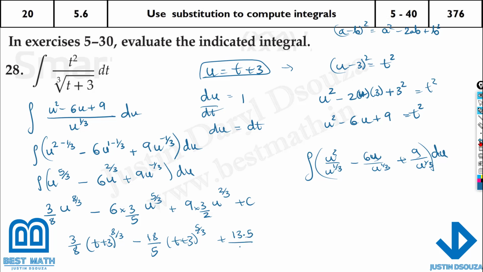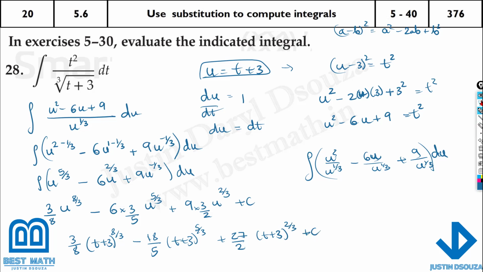Or instead, I'll just write in fractions: 9 times 3 is 27 by 2, because we have written everything in fractions. T plus 3 the whole power 2/3 plus C.